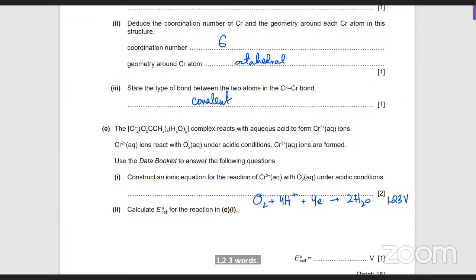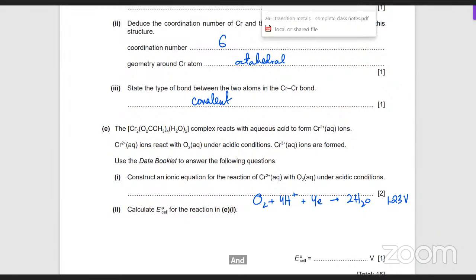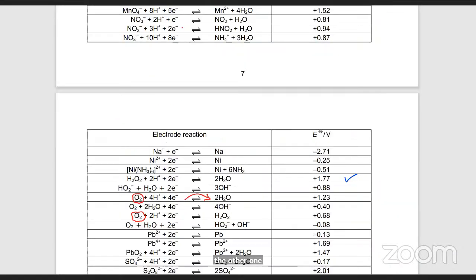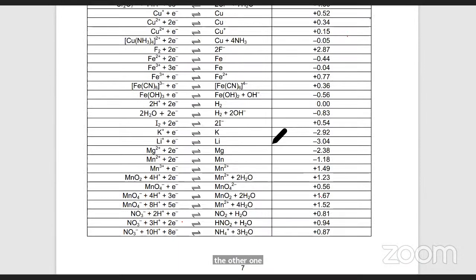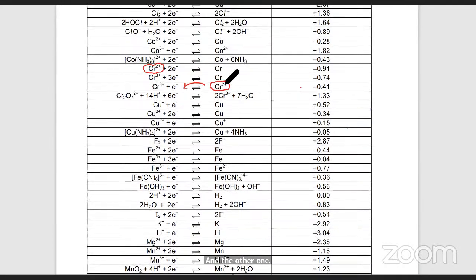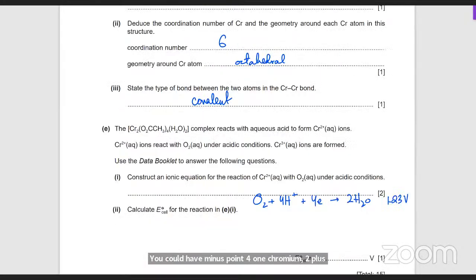And the other one, chromium 2+ turning into chromium 3+, so chromium 3+ going backward into chromium 2+, was minus 0.41 volts.